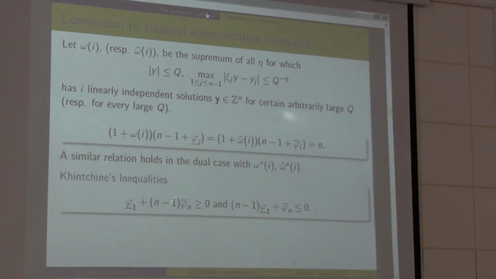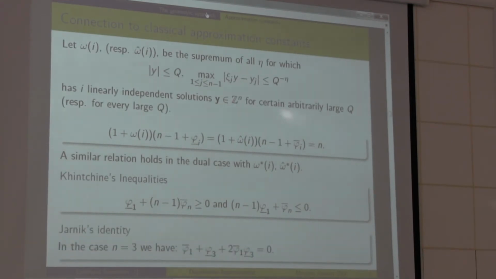Phi sub n overlined is always positive, it's the largest one, or 0. So if you take once the negative one plus n minus 1 times the positive one, it's always greater than or equal to 0, which is easy to remember. And on the other hand, if you interchange the coefficients 1 and n minus 1, you get something that is less than or equal to 0. So in this way, it is easy to remember the Khinchin inequalities.